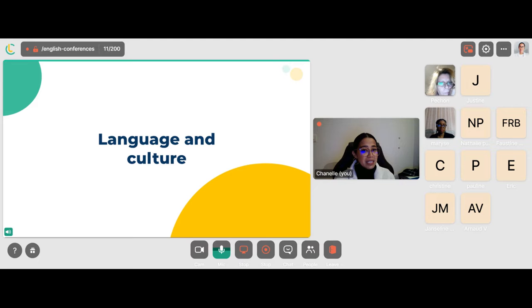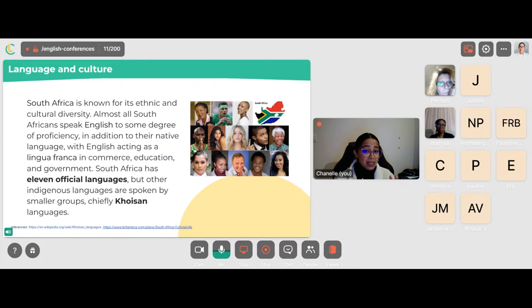So after we see the timeline and the history of South Africa, we start to move more into what South Africa is about and all the languages, because we start with South Africa, which is known for its ethnic and cultural diversity. Almost all South Africans speak English to some degree of proficiency, in addition to their native language, with English acting as the lingua franca in commerce, education, and government.